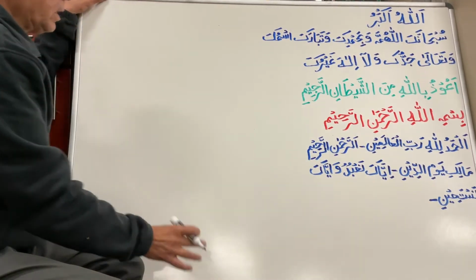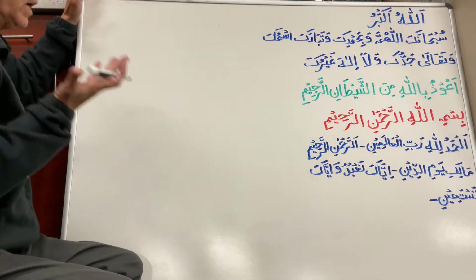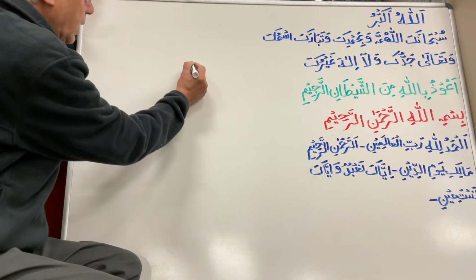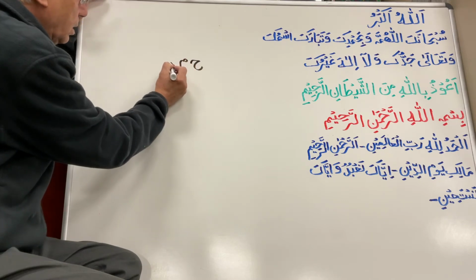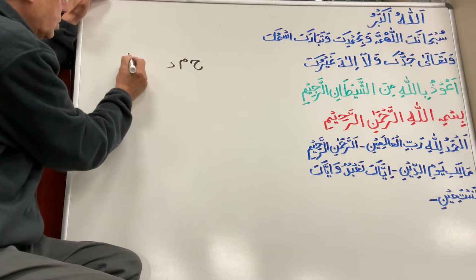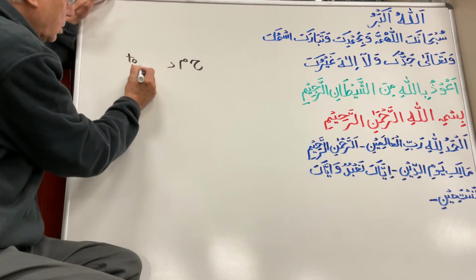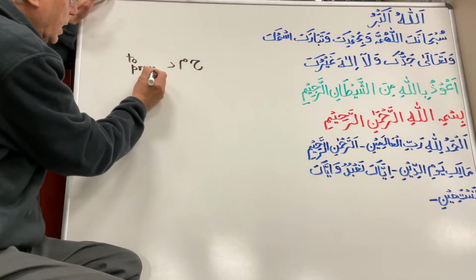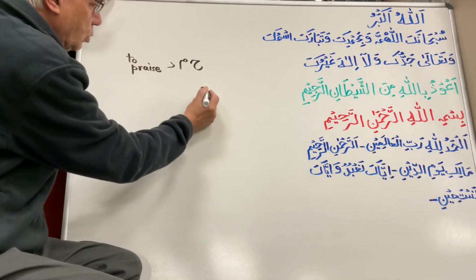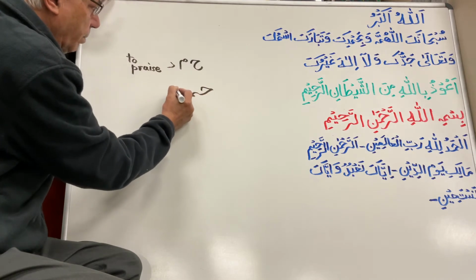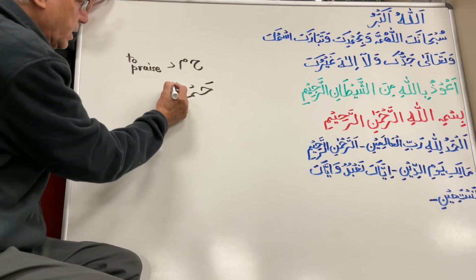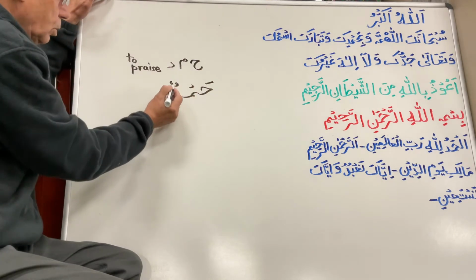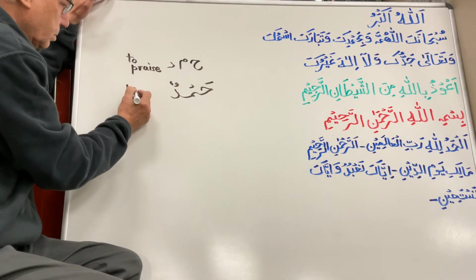The next word is wa bihamdika. Waw means and, simple thing. And we have seen this root, ha, mim, and dal, which means to praise. We make the noun by this rule: we combine ha and mim, ham, and two pesh always at the end. Hamdun means praise.